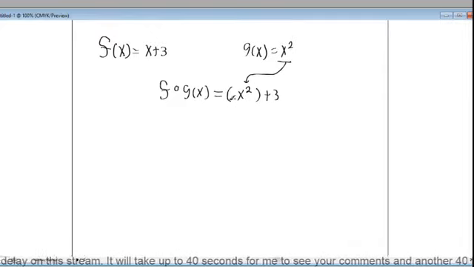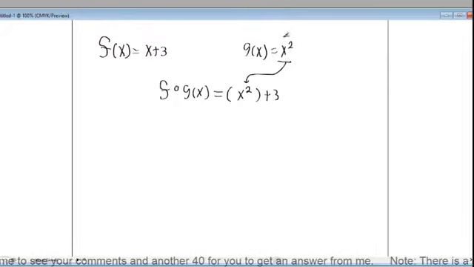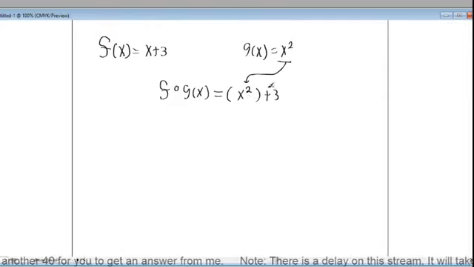So again, our framework here was f of x, x plus 3. And for this x that we have in f of x, we're going to take this g of x and plug it in. So this is really, like we said, f of x, but we composed g of x into it.